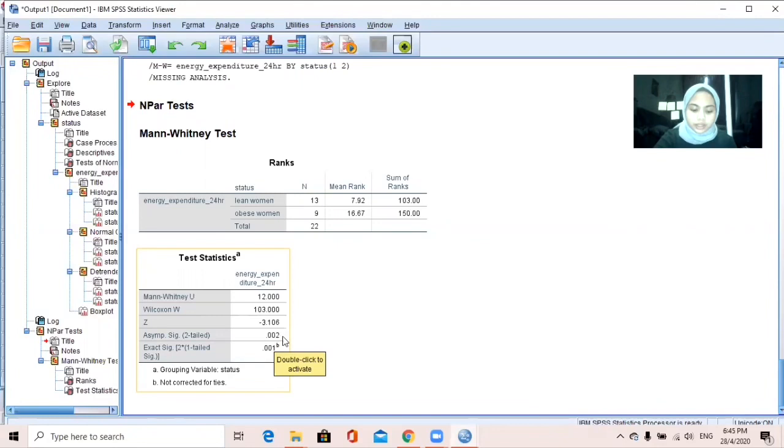If the p-value is more than 0.05, then we fail to reject the null hypothesis. So the result shows that the p-value is less than 0.05, so we are able to reject the null hypothesis. So there is a significant difference of 24 hours of energy expenditure between lean and obese women.